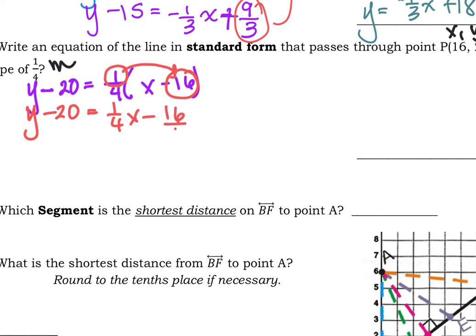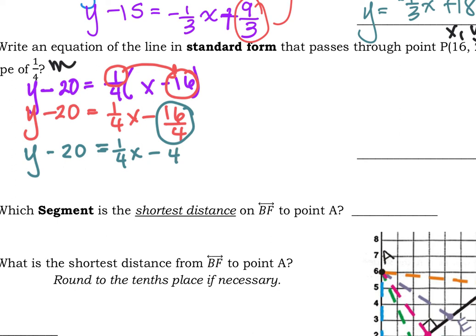And then carry the 4. What we're going to do next is reduce this fraction. Like I said, for you guys, we made sure these fractions reduced. So y minus 20 is equal to 1/4 x. What's 16 divided by 4?